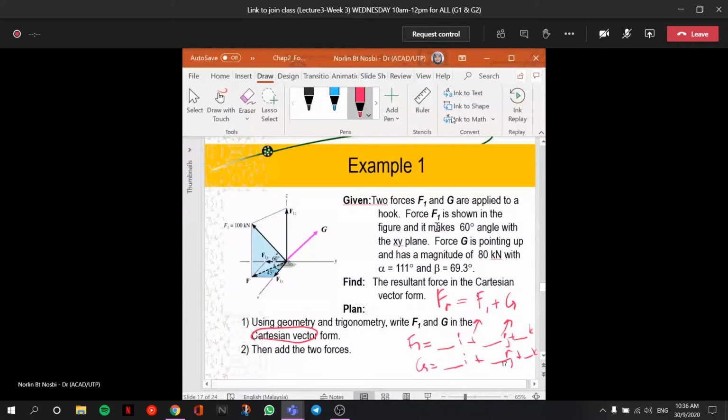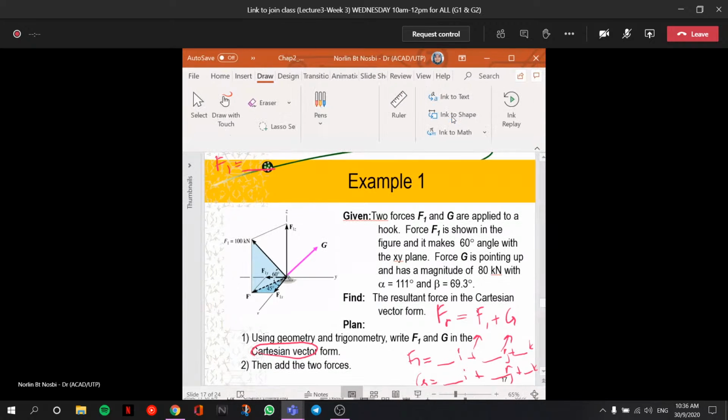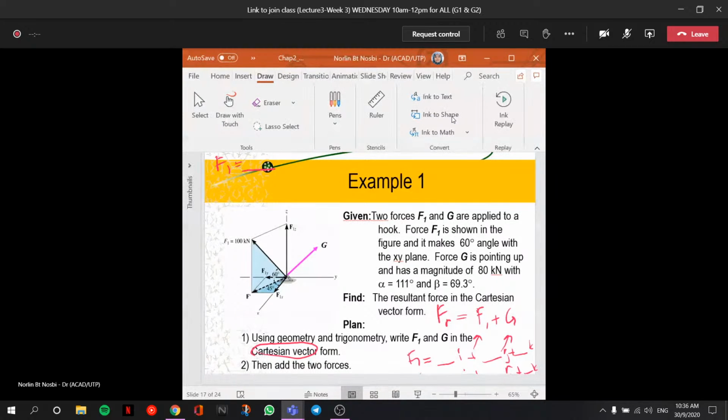F1 equals what i plus what j plus what k. So how are you going to find the i? For i, it is in the x-axis. Okay, the direction is in the x-axis. So how are you going to find it?